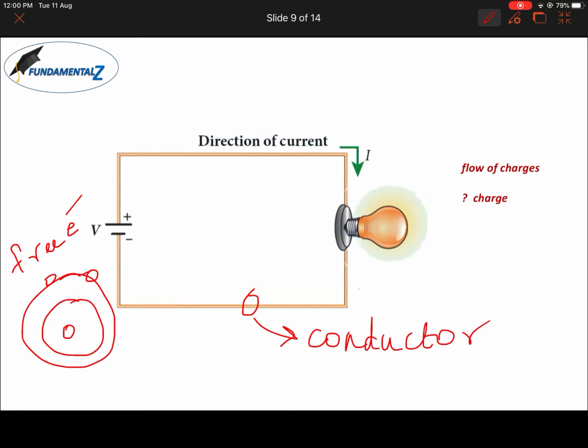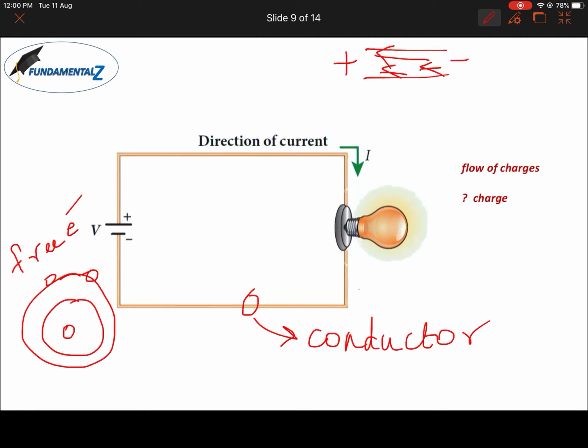But electrons, how do they flow? Will electrons flow from positive to negative or will they flow from negative to positive? Electrons will flow from the negative to the positive, because from the negative, the charge that is inside a wire will get repelled. So the electrons will begin to flow towards the positive end of any particular wire.